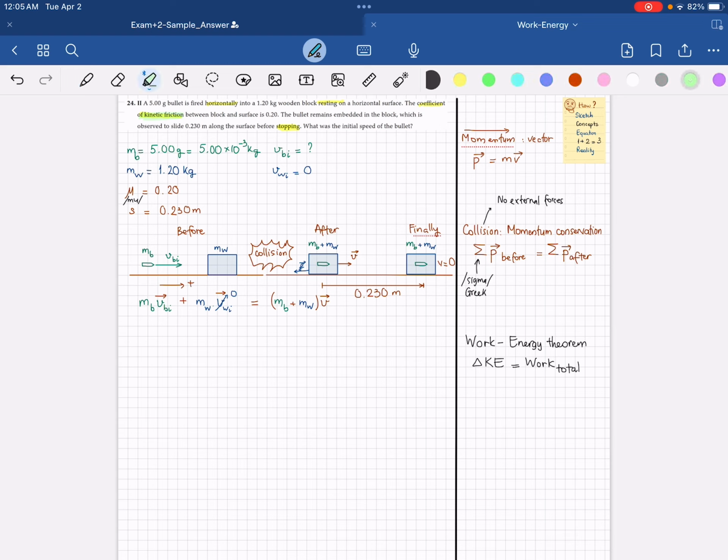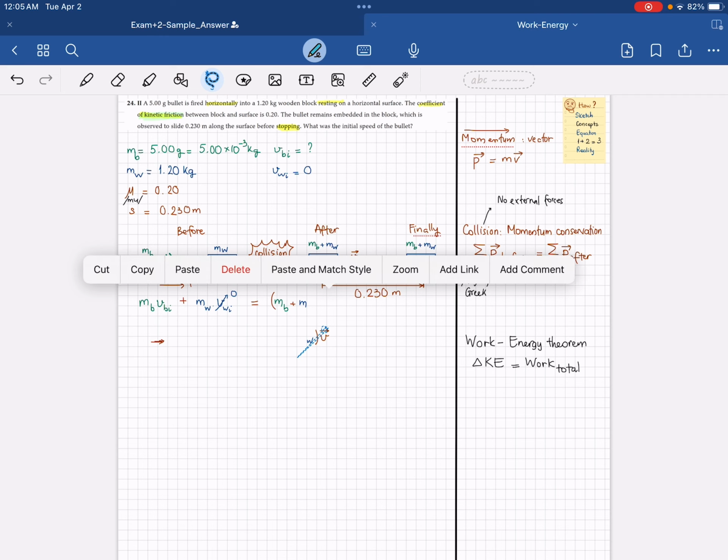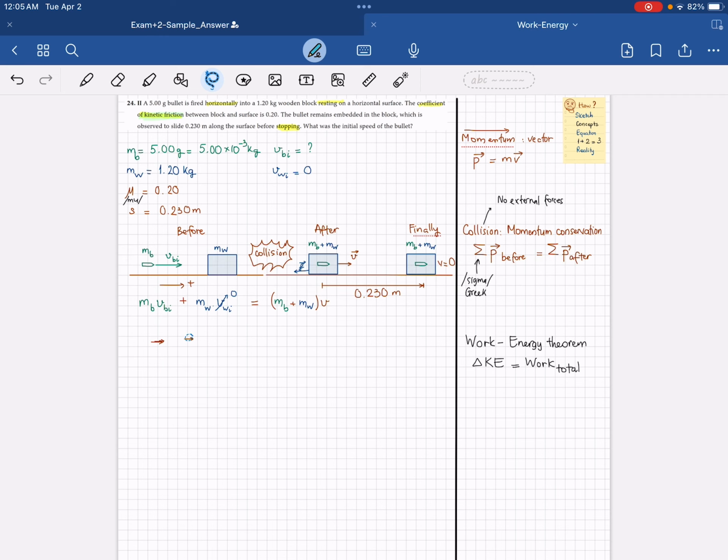Then I can easily convert these vectors into algebraic values. I'm just too lazy to write them again, so this is how I do it. You understand what I'm doing, right?